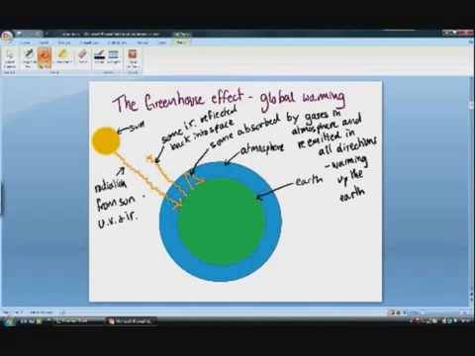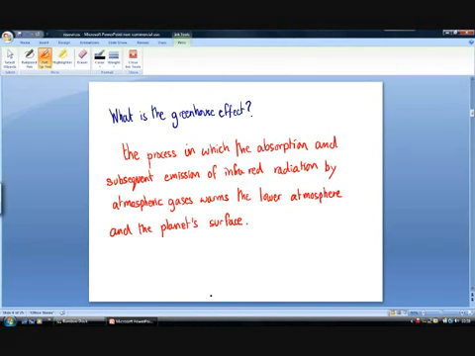So to summarise that, the greenhouse effect itself isn't bad, but too much of it is bad, and we're creating too much greenhouse effect from our use of fossil fuels, which are increasing the concentrations of greenhouse gases in our atmosphere. In terms of a definition for the greenhouse effect: the process in which the absorption and subsequent emission of infrared radiation by atmospheric gases warms the lower atmosphere and the planet's surface.